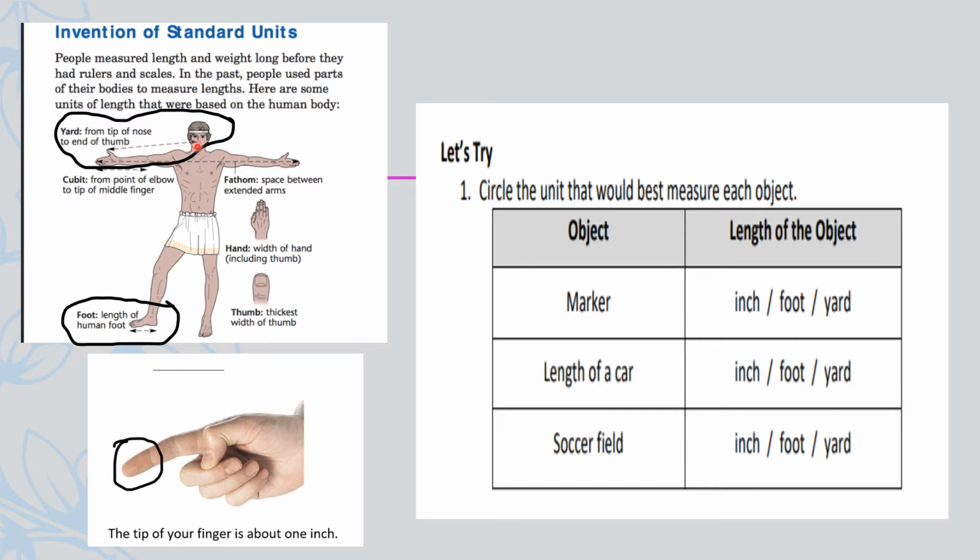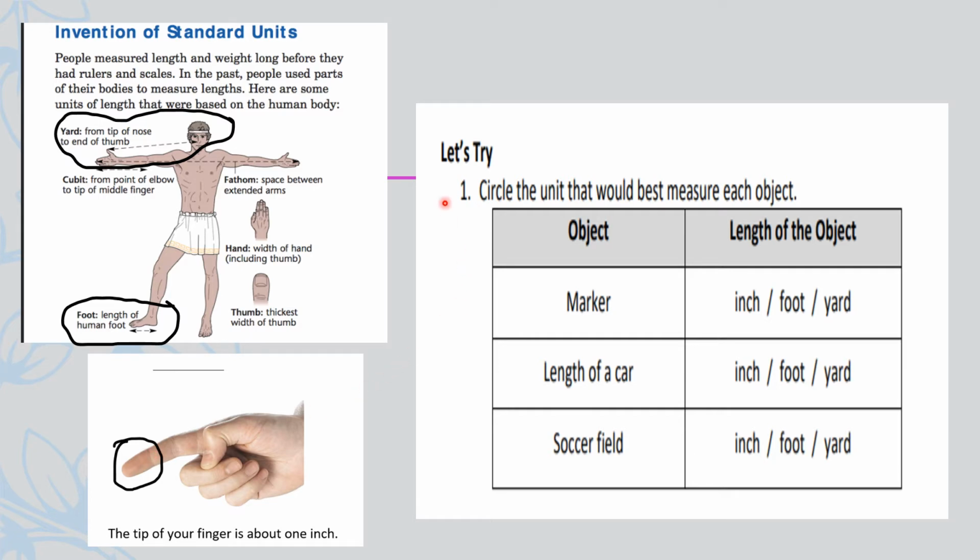That space would be considered a yard. The length of a foot was an actual human foot. And the length of an inch was considered to be this first top part of your finger. The tip of your finger to this first line is considered to be an inch.